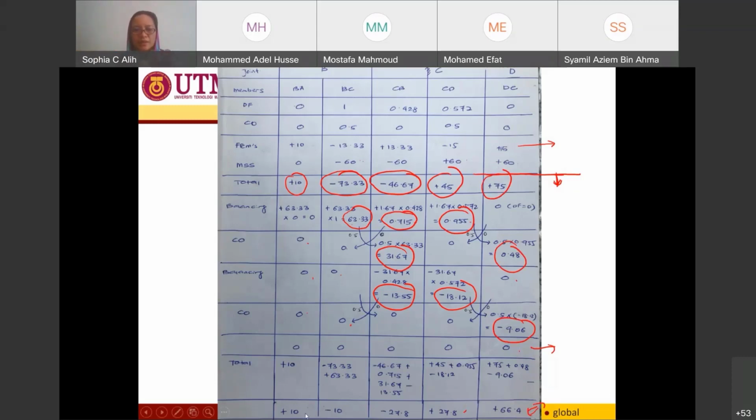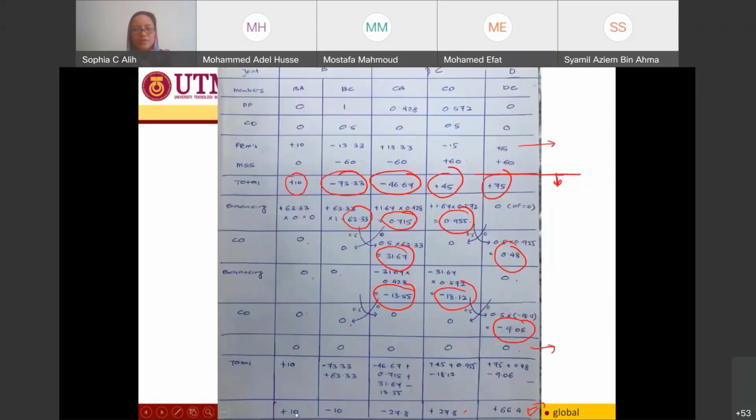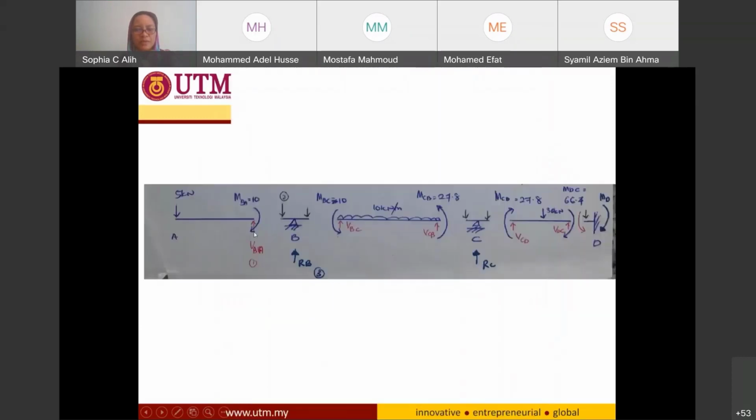Now, once I got this end moment, the other procedure is going to be similar. I just need to plot my end moment over here. So I have positive 10, negative 10. Positive 10 is clockwise direction, and negative 10 is counterclockwise direction.